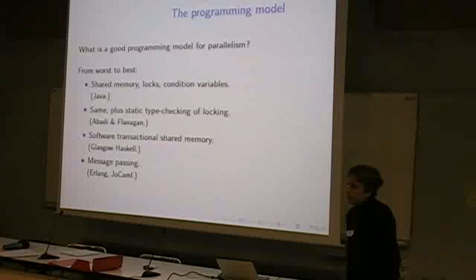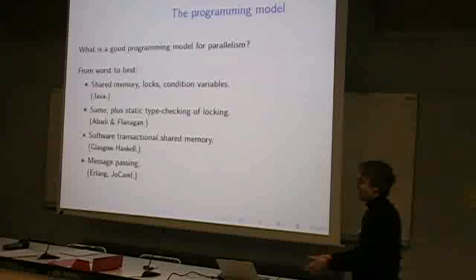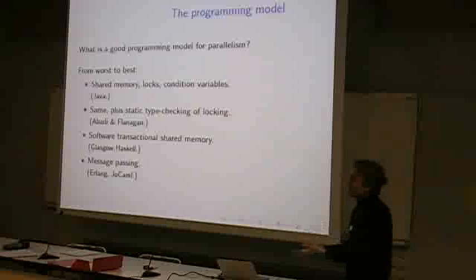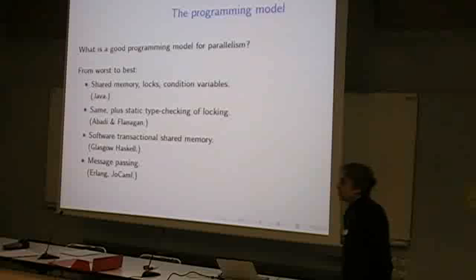For instance, if your parallel computation is basically parallel updates in a big database, or in a video game, for instance the physical state of the virtual world, and you want to have several threads that update it concurrently, then message passing is rather bad because you will have a bottleneck.